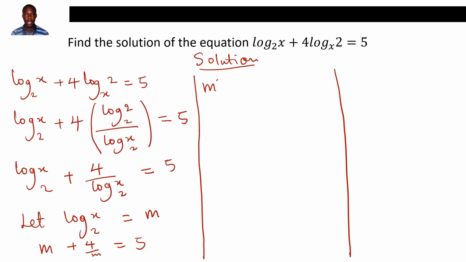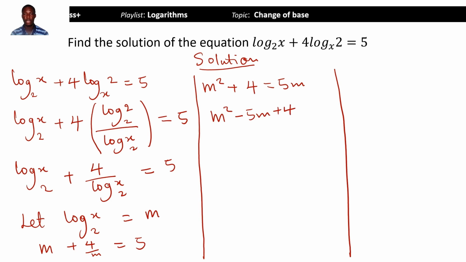That gives me m squared plus 4 is equal to 5m. So I'll group them properly as m squared minus 5m plus 4 is equal to 0. So now I have a quadratic equation to solve. So here I will find factors of 4 that sum up to negative 5, and that will be negative 1, negative 4.